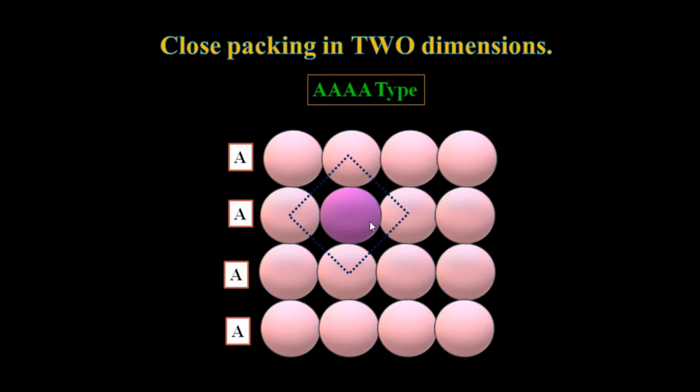In this type of arrangement, each sphere is in contact with four other spheres around it. This violet sphere is in contact with these four other spheres: 1, 2, 3, 4.